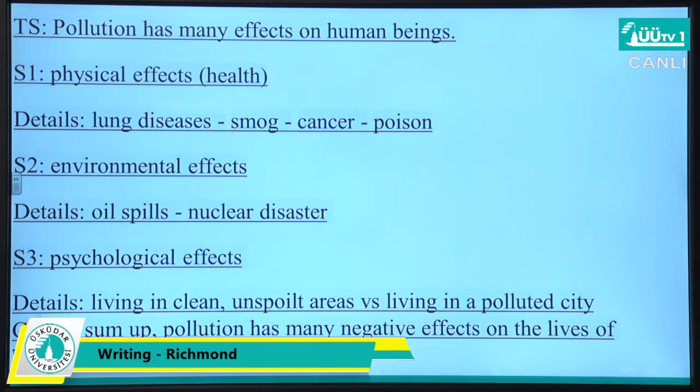And for our third supporting sentence, we have psychological effects. And as the details, we have living in clean, unspoiled areas and living in polluted city.